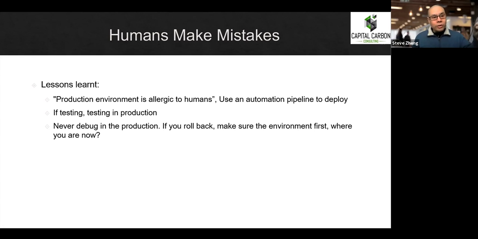You need to switch off the trigger of the data flow, and then roll back your code and the environment. Never roll back your code without rolling back the environment. So that is important. Three things we learned from the incident.